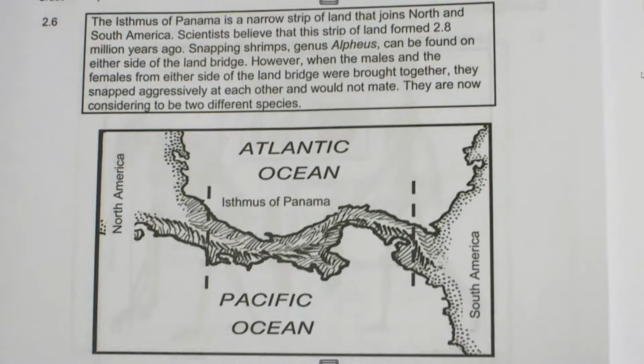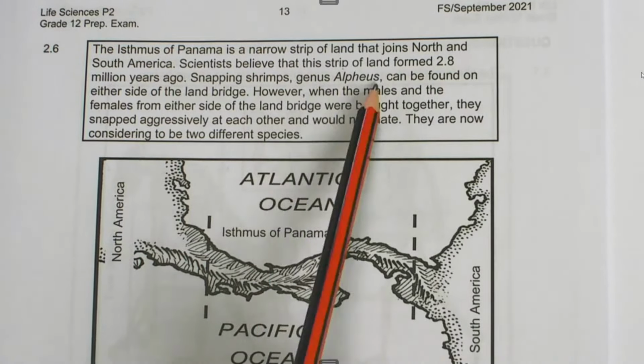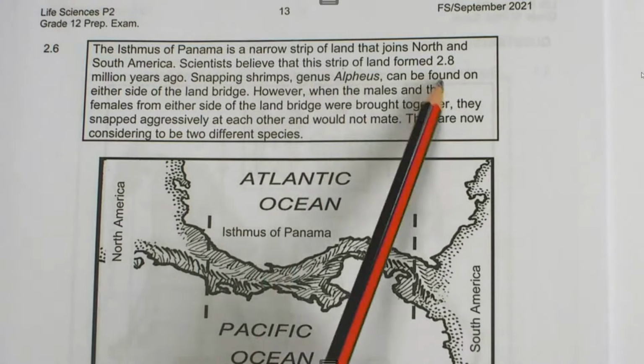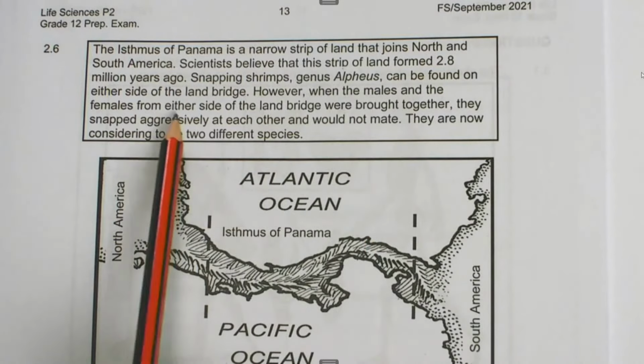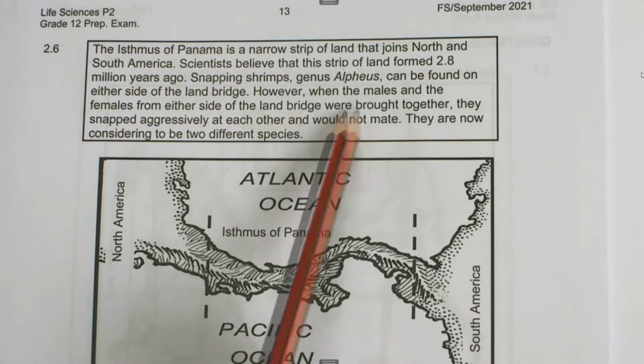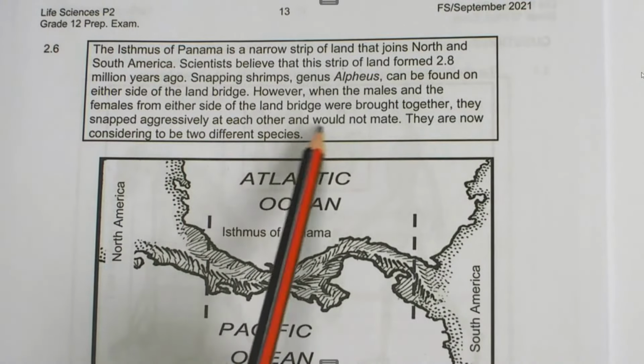So there they stated the story of the snapping shrimps that can be found either side of the land bridge. However, when the males and the females from either side of the land bridge were brought together, they snapped aggressively at each other and would not mate.